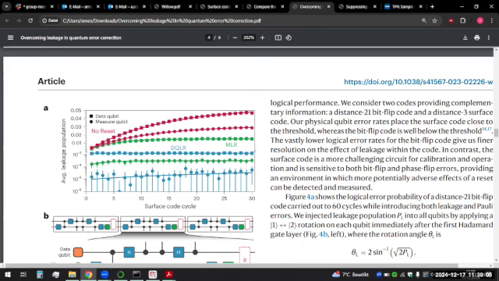So the approach of doing nothing, they call here no reset. So this would be essentially just do nothing, and leakage will accumulate over time.